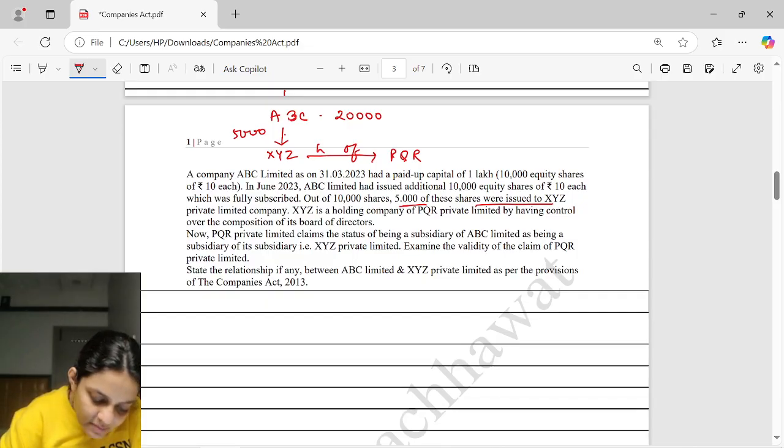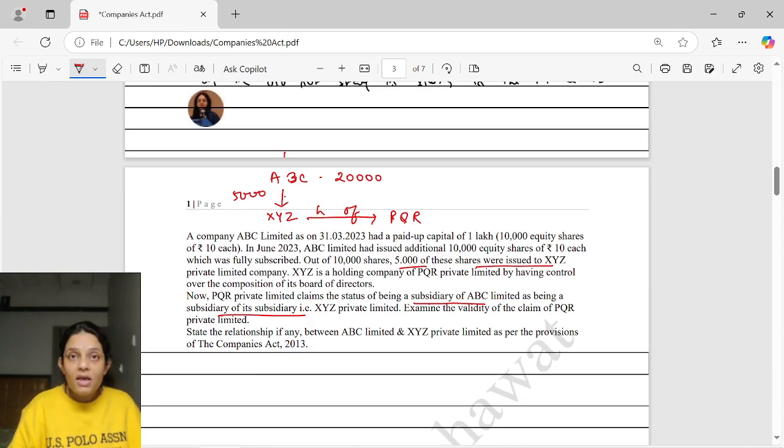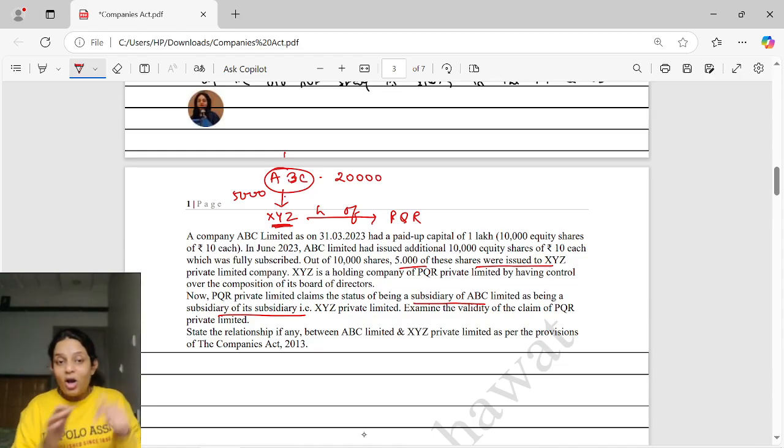Now, PQR Limited claims the status of being a subsidiary of ABC as being a subsidiary of its subsidiary XYZ. That means first, they are saying ABC is the holding of XYZ, that is, XYZ is the subsidiary of ABC. It's not possible only because ABC is not holding shares in XYZ. XYZ was holding shares. So even if there was a relation, it wouldn't be XYZ is the subsidiary. Rather, it would be ABC is the subsidiary.